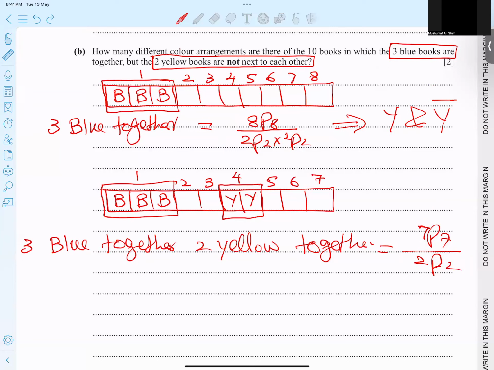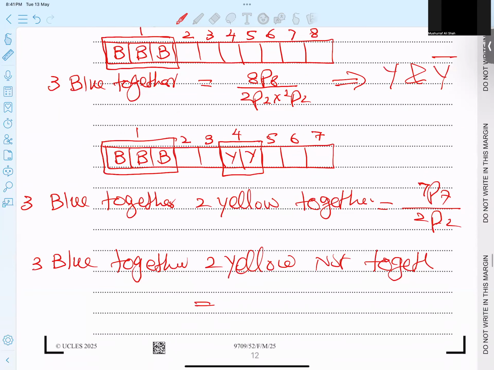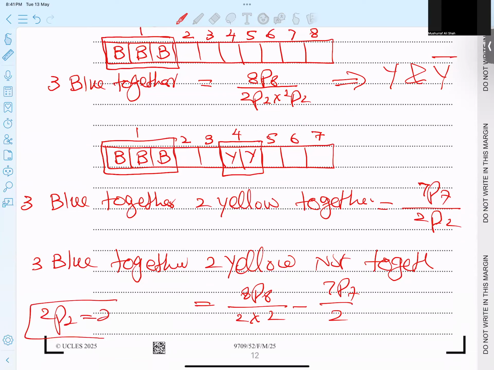So let's start. When 3 blue are together but 2 yellow are not together, what is the answer? I can write it now: 8P8 divided by 2 into 2 minus 7P7 divided by 2. You know, 2P2 is also 2, so don't worry about that.